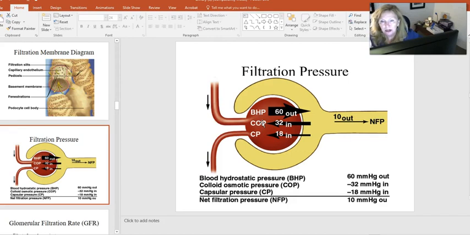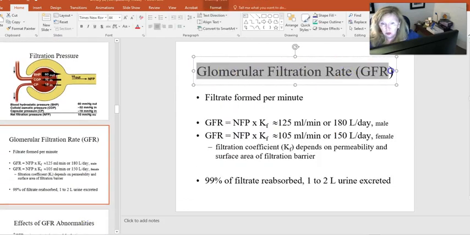When they are testing for kidney function, they're looking at the BUN, the blood urea nitrogen. If it's starting to go up, or if they look at other parameters as well, then they can get an indication of whether the kidneys are not functioning the way they should. The glomerular filtration rate is a test that a urologist, a specialist in this particular system, can perform. They can evaluate how much filtrate is being formed per minute.